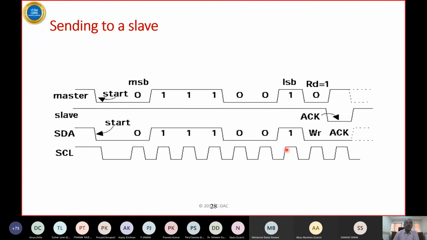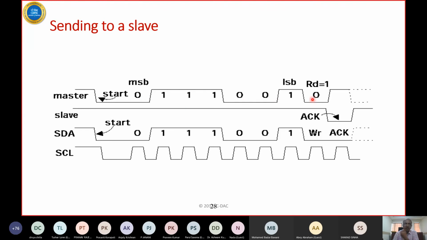So this shows how exactly the transmission takes place. This is the data line for the master, this is the data line for the slave, and this is how the data line appears on the bus. The clock is always sent by the master. Initially there is a start bit, then 7 data bits, which correspond to the address because it is the first byte.